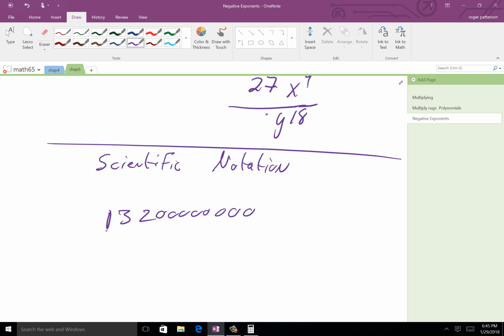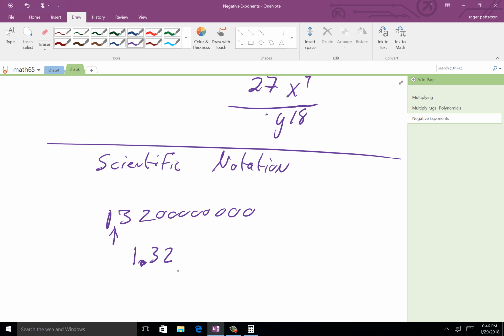Okay? That's the whole idea behind it. So when you write something in scientific notation, you always want one number to the left of the decimal point. So we need to have 1.32. You just always want one number. The numbers to the right of it you can have as many as you want, but here we just want one.